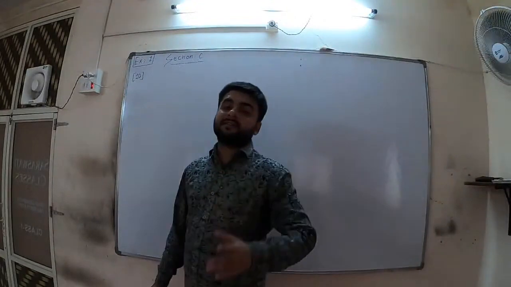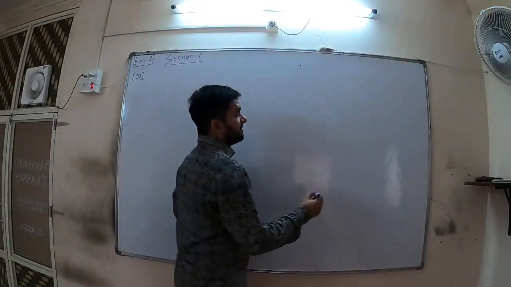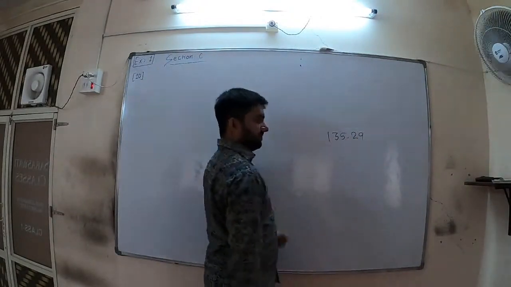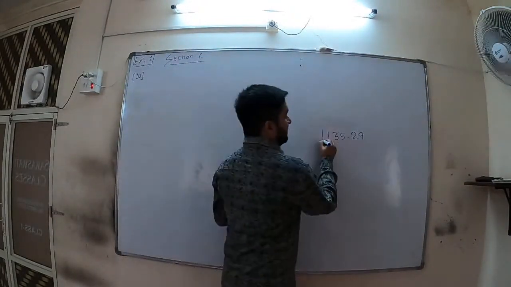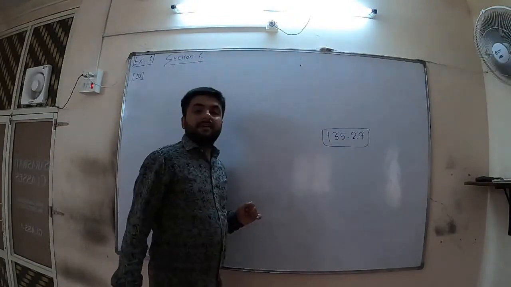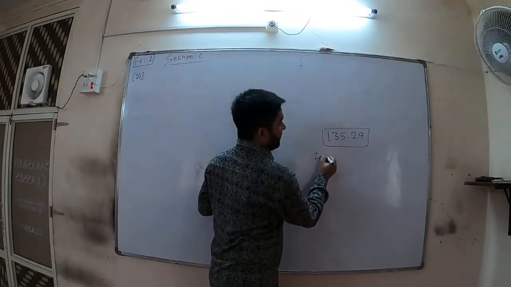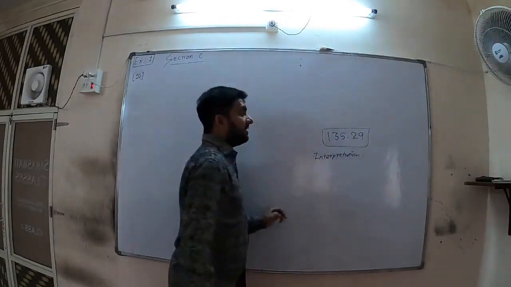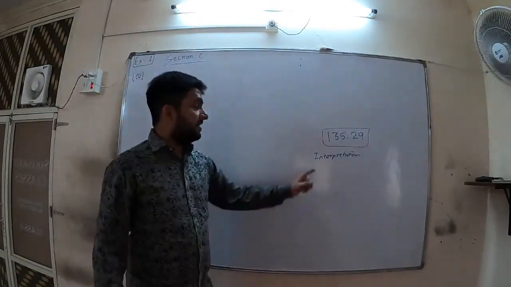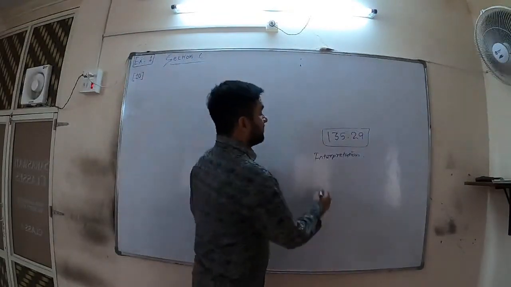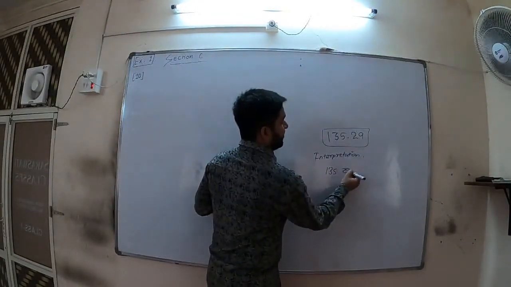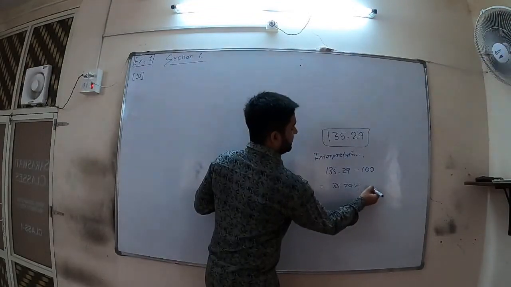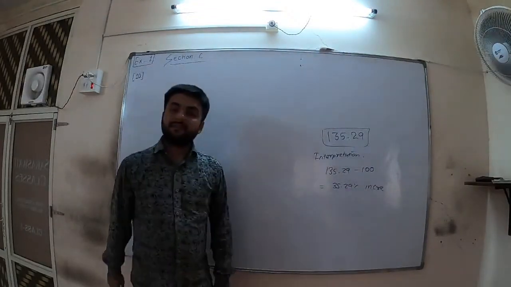Suppose we are solving any sum, and the final answer is 135.29, then they are asking for the interpretation. The answer is greater than 100. If the answer is greater than 100, then you do 135.29 minus 100, so 35.29% increase.